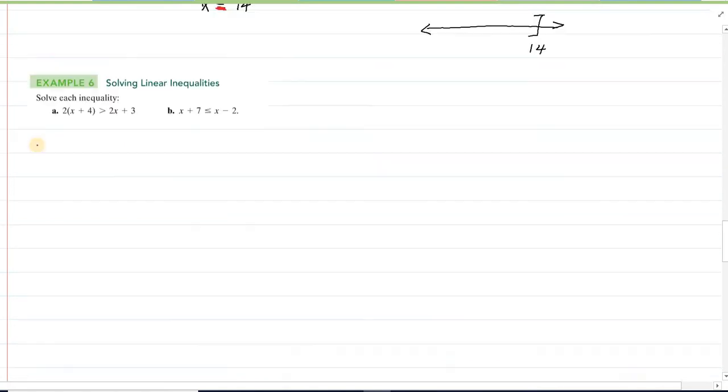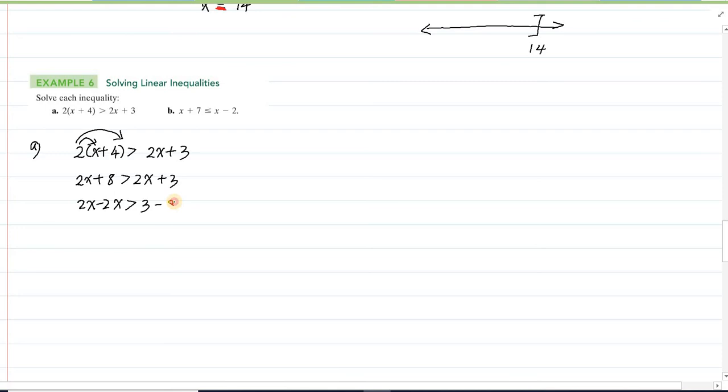Example 6, so we have part A. Go ahead and do a distribution or just solve it like we are solving a linear equation. So we're going to have 2x plus 8 greater than 2x plus 3. 2x minus 2x greater than 3 minus 8. Then 2x minus 2x is just going to be 0, and then greater than negative 5.